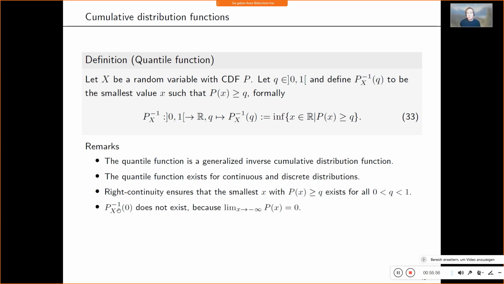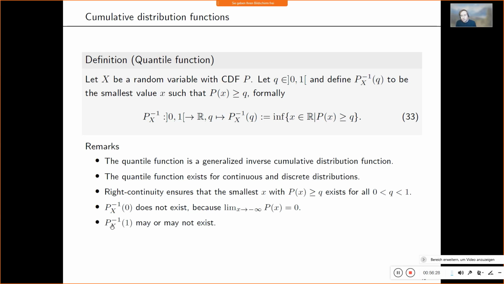The value for 0 does not exist because the limit, if you go to infinity, is 0, so there is no real number essentially for which this is fulfilled, because it only is happening in the limit that actually the CDF assumes the value 0.